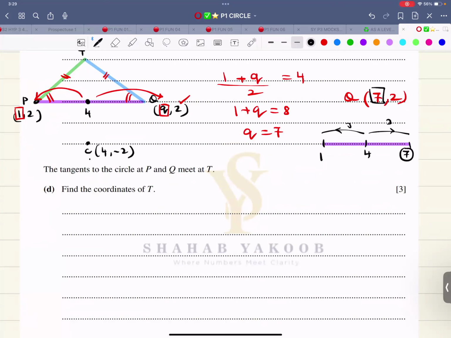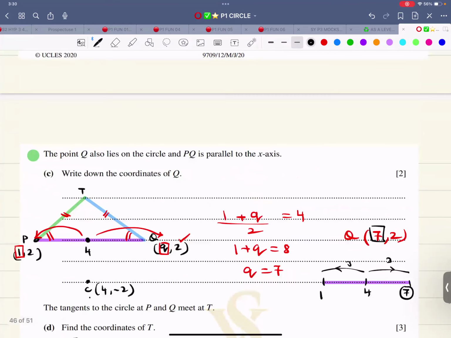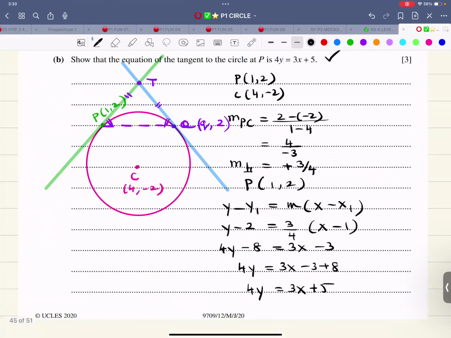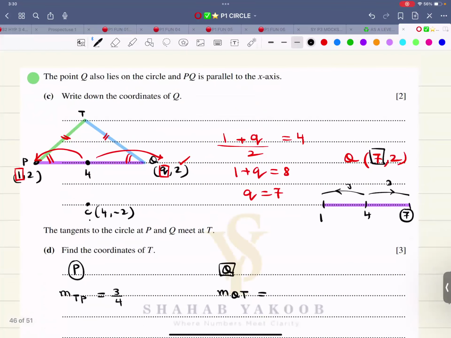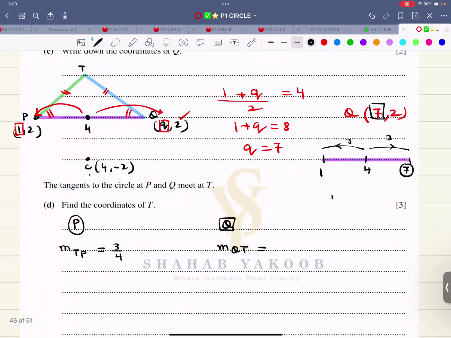Now we know that for P, the gradient of tangent at P, TP was how much? This is 3/4. For Q, what do you think is the gradient of QT? It's not perpendicular. It's just the property that tangent theta equals the gradient of the line.